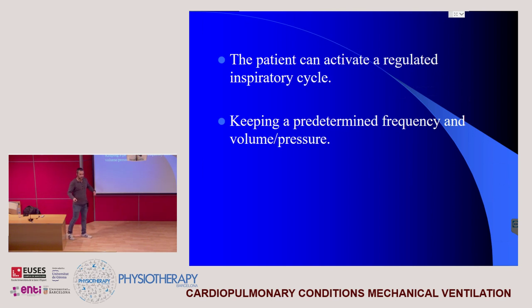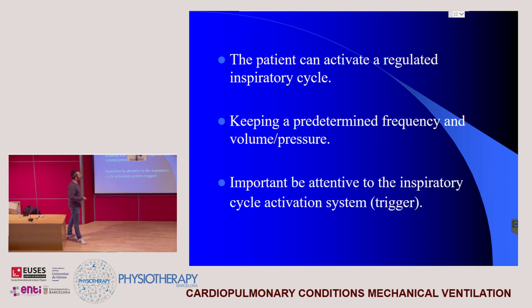In the previous one, we said that we have to set a parameter, volume or pressure, and a frequency, and that is called a cycle, okay? If the patient is able to perform just a little muscle effort, the ventilator will deliver a cycle, okay?